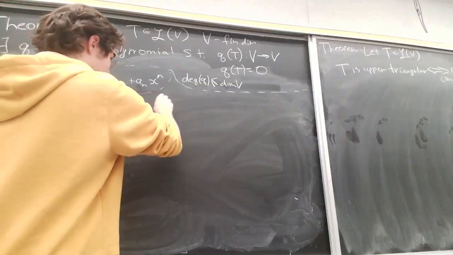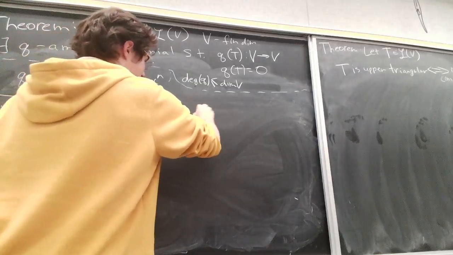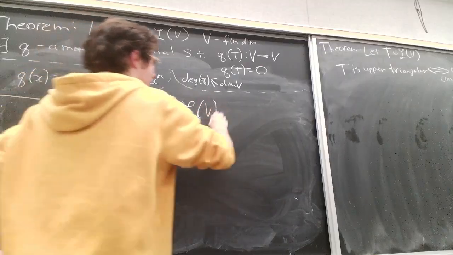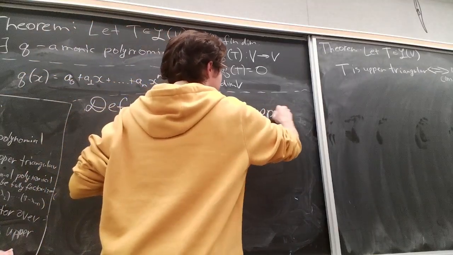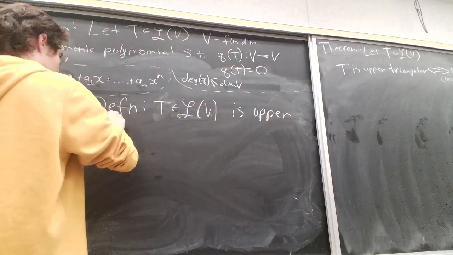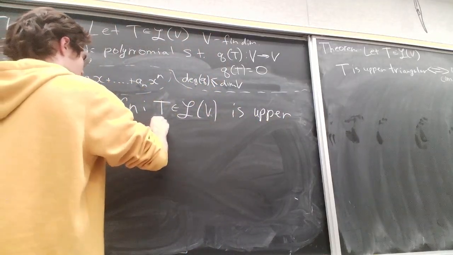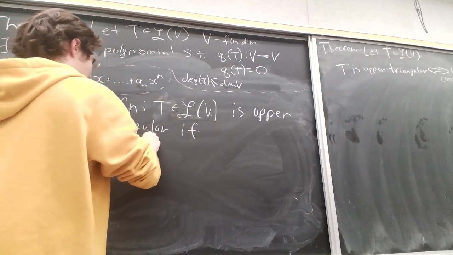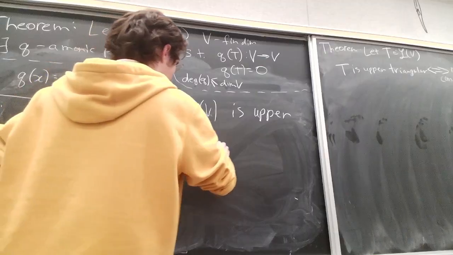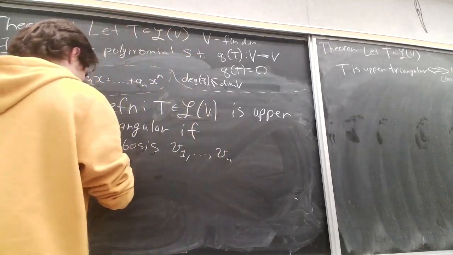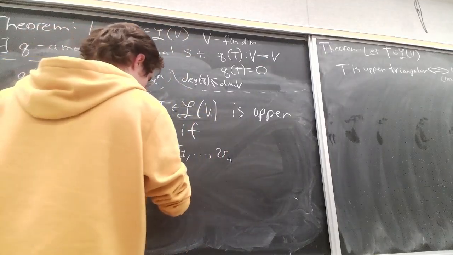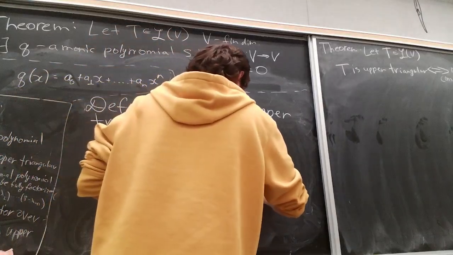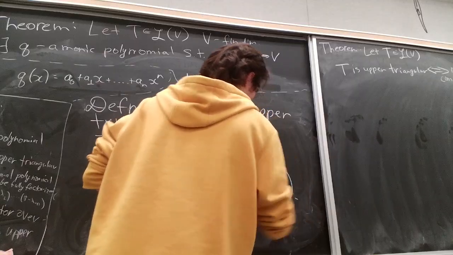Definition: a linear operator is upper triangular if there exists a basis v1, ..., vn such that T of vj is in the span of v1, ..., vj.